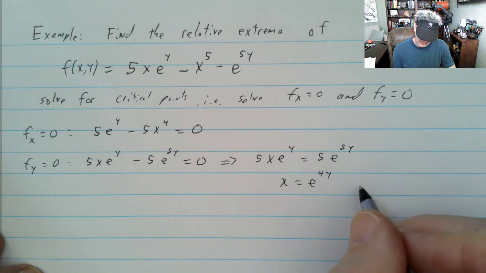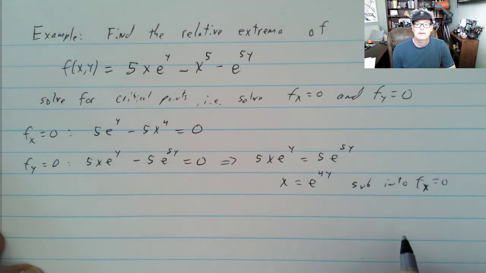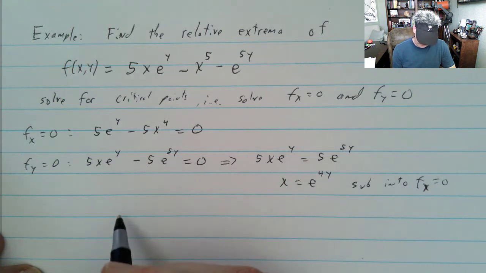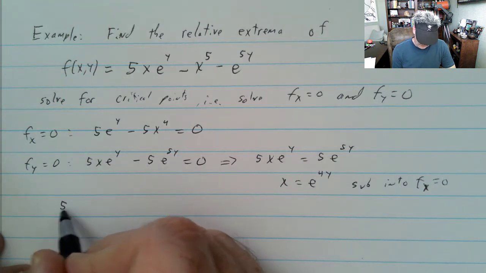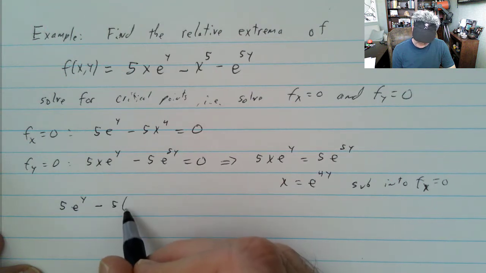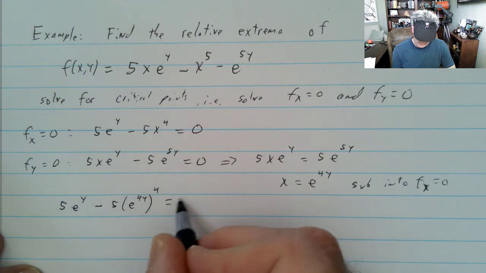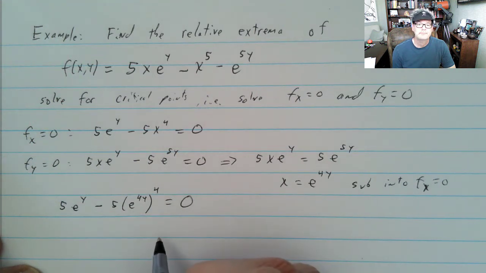So now let's sub into the f sub x equals 0 equation, and what we get is 5 e to the y minus 5 times e to the 4y to the fourth power must equal 0.